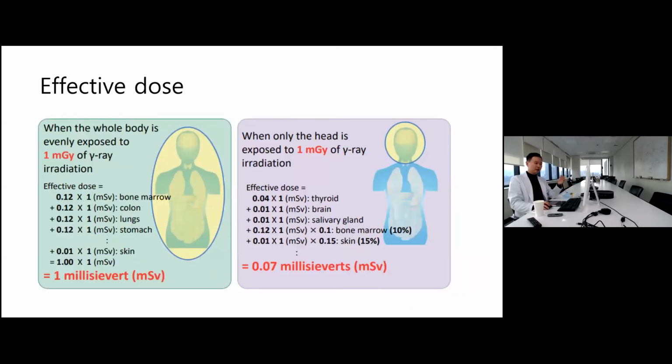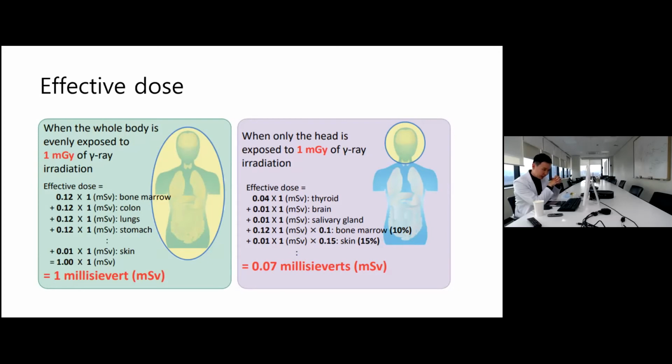Just for an example, to calculate the effective dose, the equivalent doses for individual tissues are multiplied by their respective tissue weighting factors.